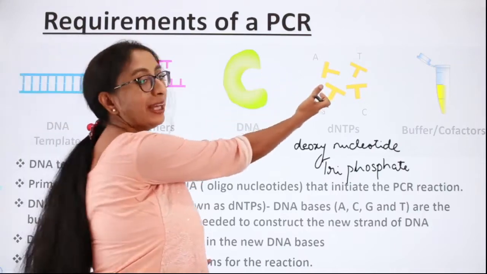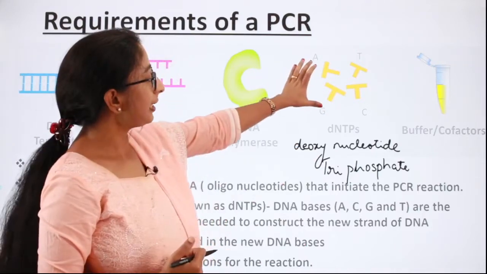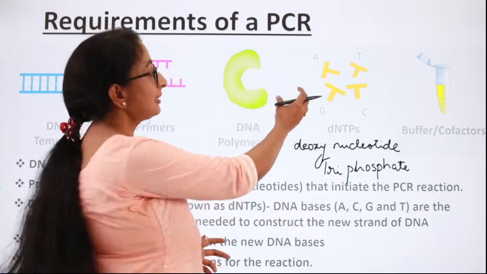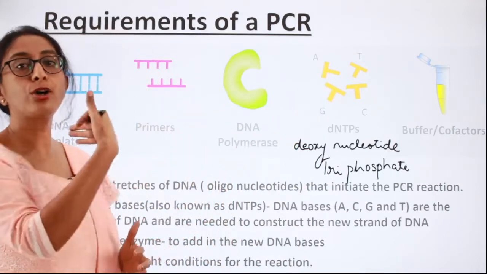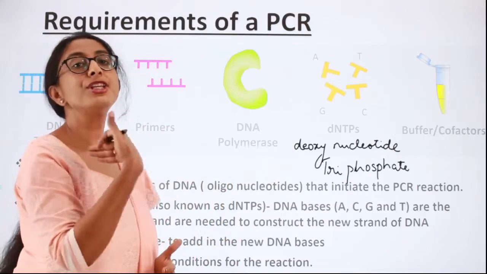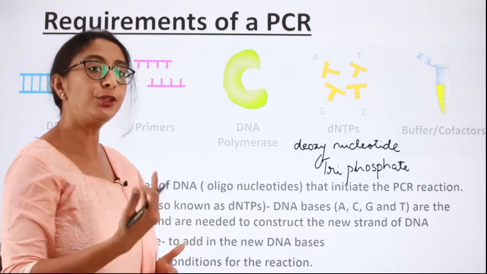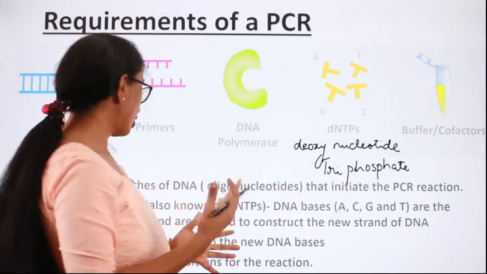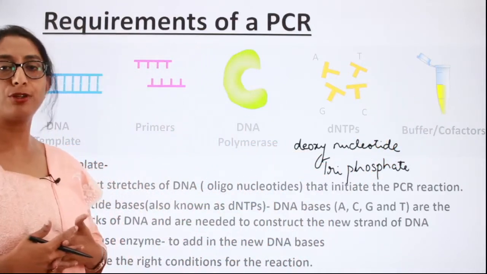So that is what we are adding here, so that the DNA polymerase can fix them complementary to the template strand to synthesize a new DNA strand. Then we have buffers or cofactors which ensure that the right conditions are present for the reaction.